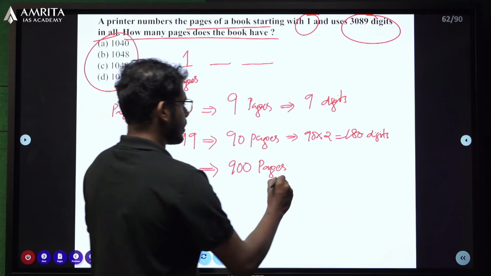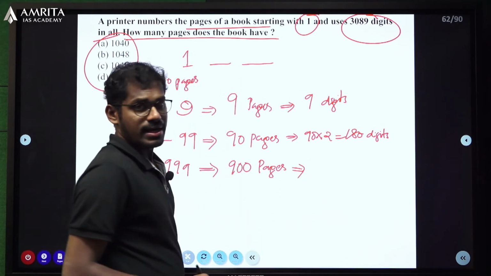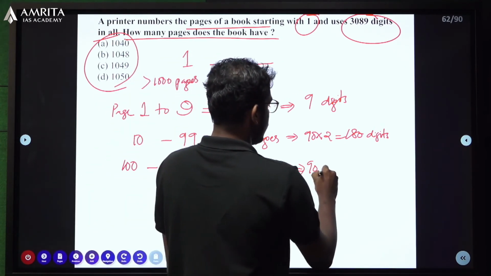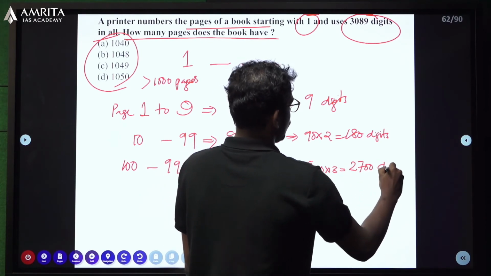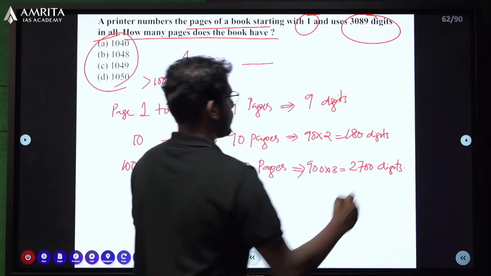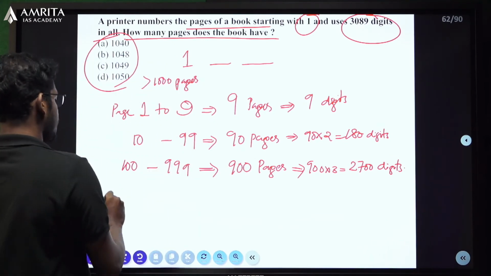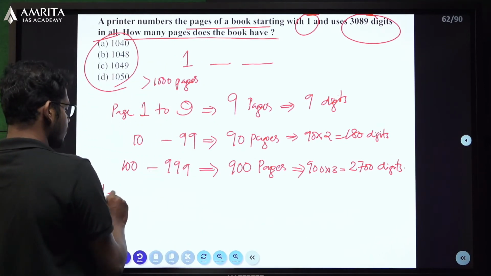Yes, there are 900 pages. Each page contains 3 digits. So in total 900 into 3, 2700 digits.